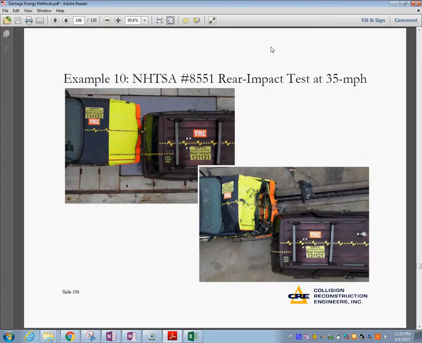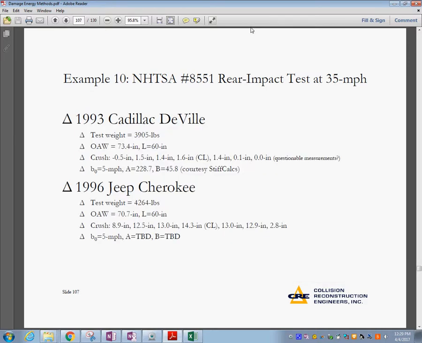So here's the collision. So here we have a 1993 Cadillac DeVille, 3,900 pounds. The dimension 73 times 60 inches.